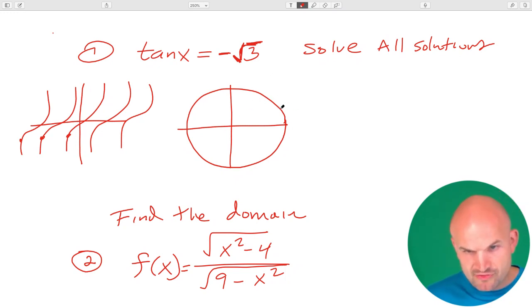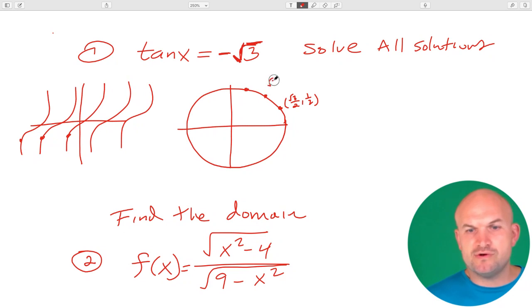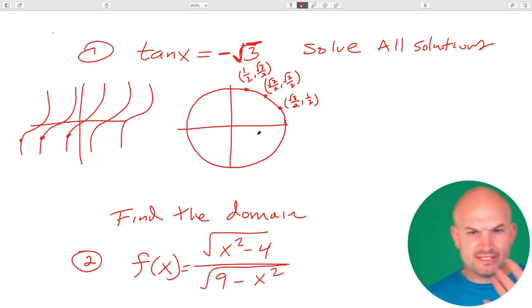There are basically 3 major points that we need to know, at least in this first quadrant: the square root of 3 over 2, comma 1/2; the square root of 2 over 2, comma the square root of 2 over 2; and 1/2, comma the square root of 3 over 2.